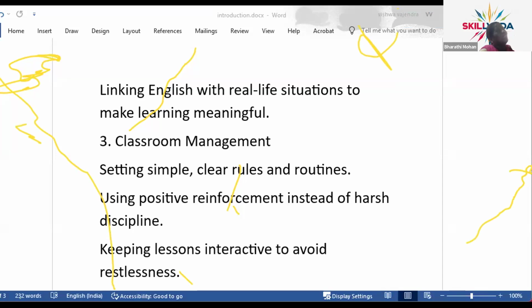We can ask them what part of the lesson today they liked, what they learned today, what was very easy, what was very difficult, in one line or one word. This way they learn to write, and we also know where our children are finding it easy, and we will have a proper assessment. When we manage all these, this plays a vital role in classroom management.